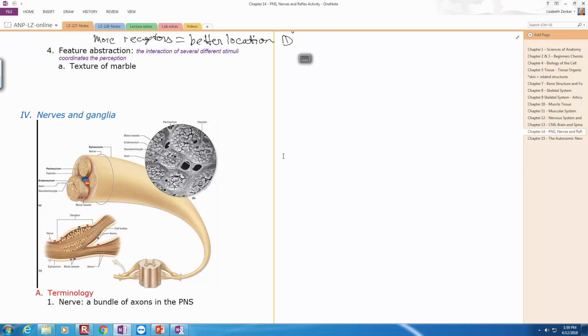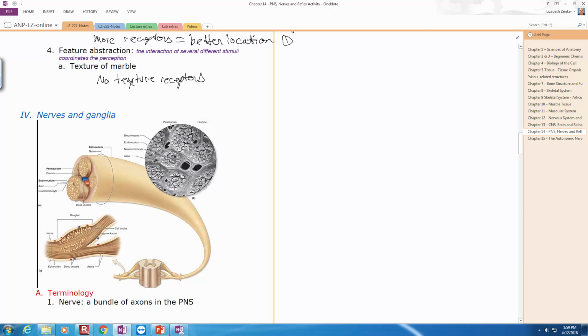I know that sounds really weird, but we don't, so no texture receptors. But we are able to perceive the texture because of certain sensory receptors that are being stimulated and giving us the perception of what the texture would be to us.